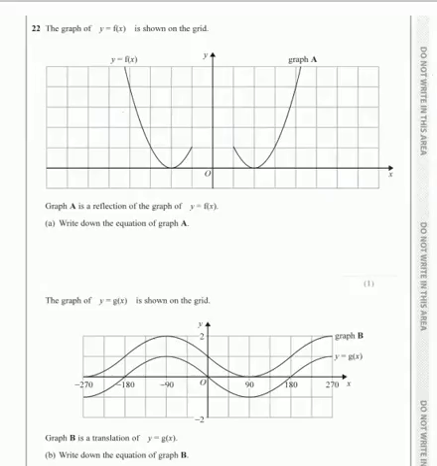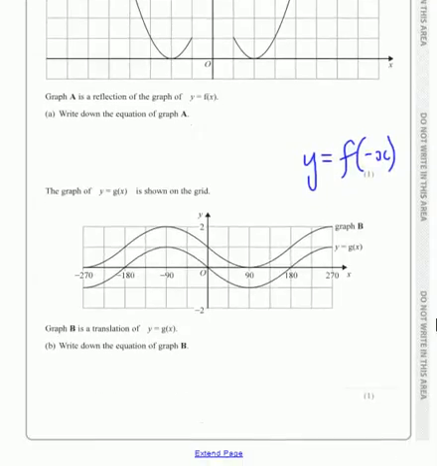Question number 22, we are looking at graph transformations. So for part A, we're looking at the transformation from f of x here onto graph A. So we can see that as a reflection in the y-axis. So that is going to be y equals f of minus x, just one of the transformations that we need to learn.